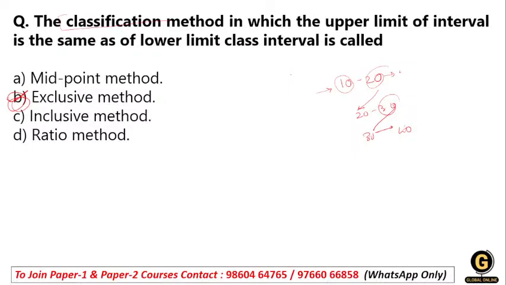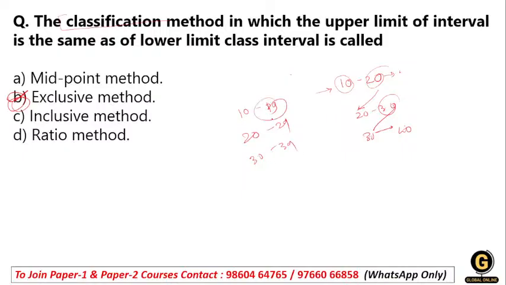Understand? When we are talking about the inclusive method, it is 10 to 19, then 20 to 29, then 30 to 39.